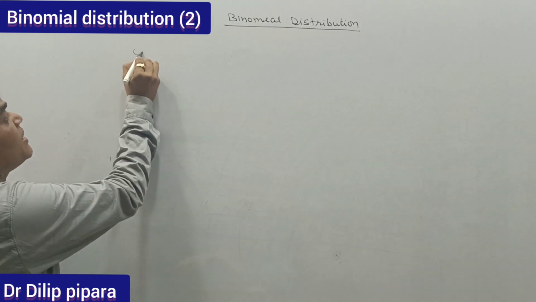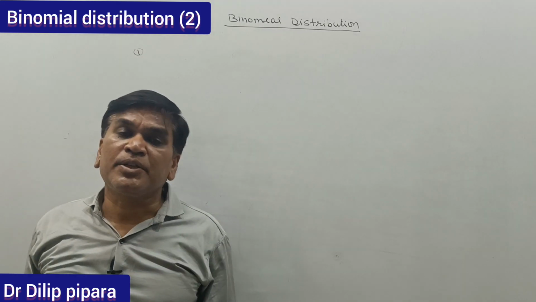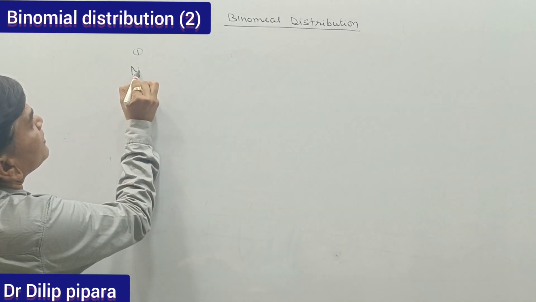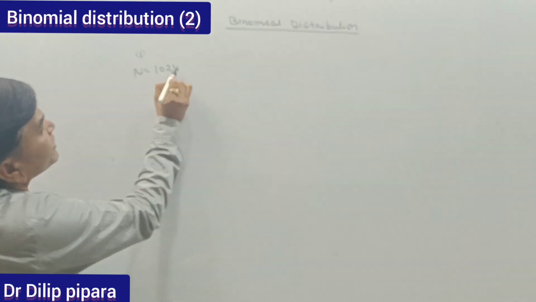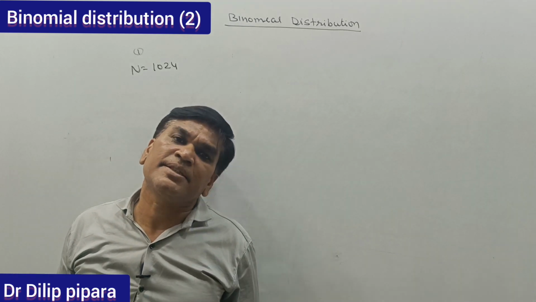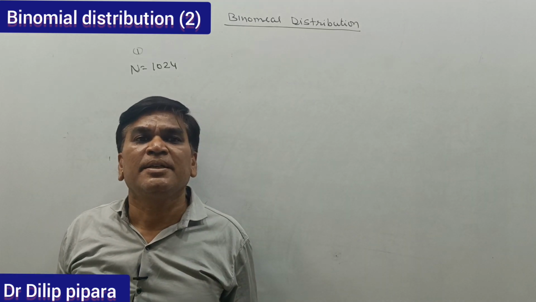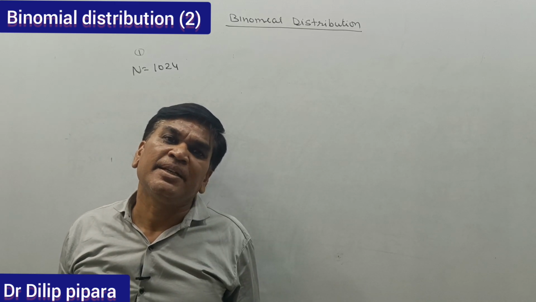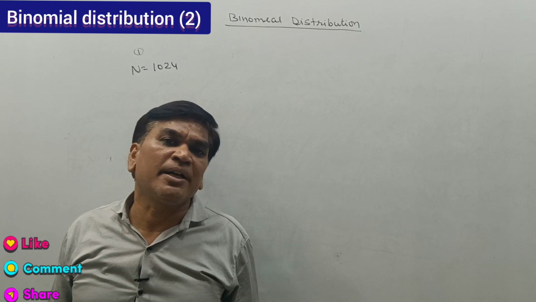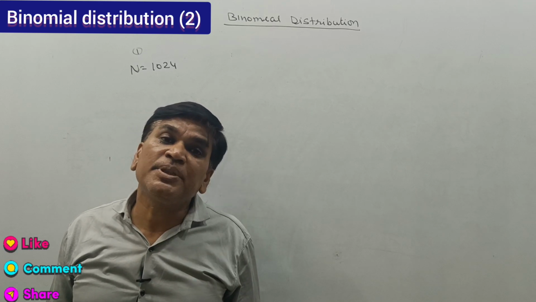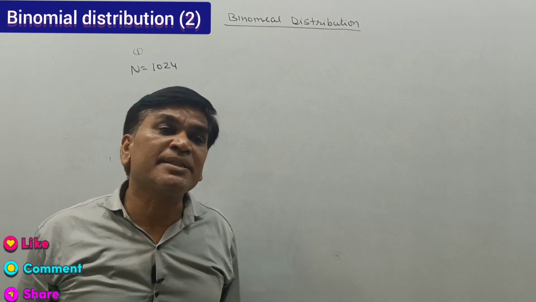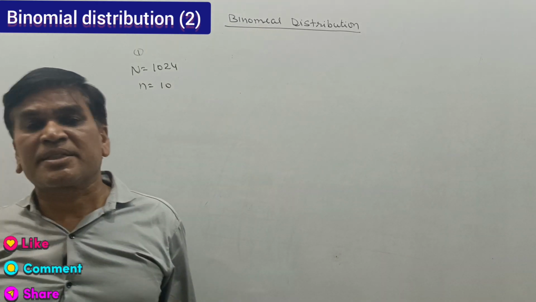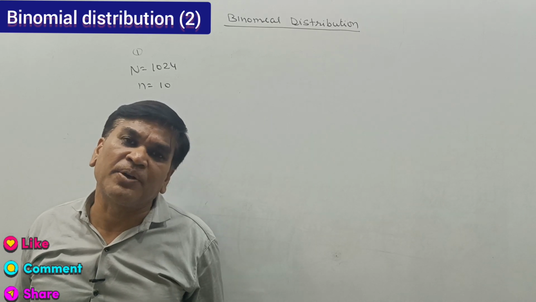The question is this: 1024 researchers go to the rural areas for research. They want to know how many persons are watching the TV serial Kaun Banega Crorepati. Each investigator asks 10 persons whether they watch this serial or not.